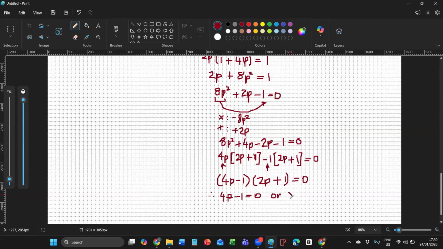Yes, that's what it's going to become eventually. But if they want to see your working, I guess we'll have to take it all the way to the end. And therefore, p will be equal to 1 over 4.